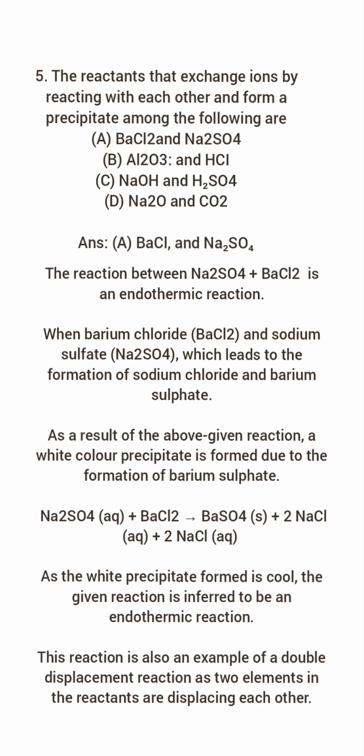As a result of the above reaction, a white color precipitate is formed due to the formation of barium sulfate. Sodium sulfate and barium chloride give rise to barium sulfate with the formation of sodium chloride.